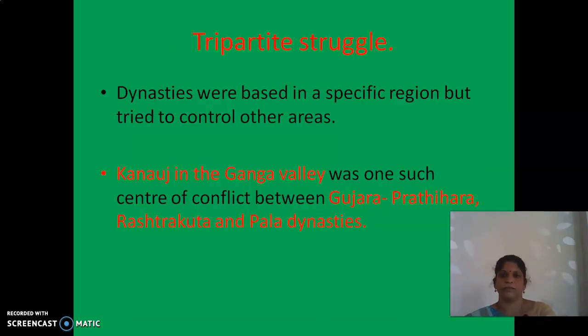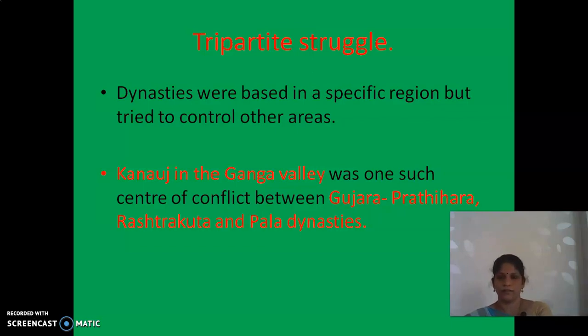Yes, children, tripartite struggle. We already saw the three new dynasties: Rashtrakutas, Palas, and the Pratihara and Gurjara kings. These dynasties were based in a specific region but tried to control other areas. Which area? Kanauj in the Ganga valley was one such center of conflict between the Gurjara Pratiharas, Rashtrakutas and Palas. Children, do you understand what I am saying?